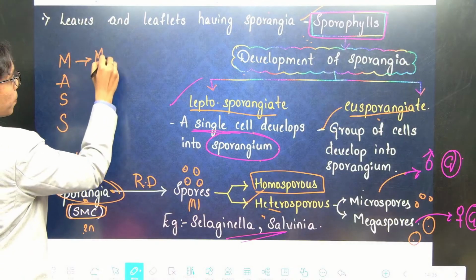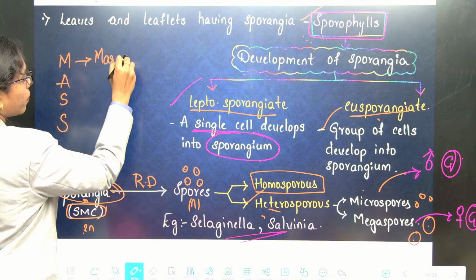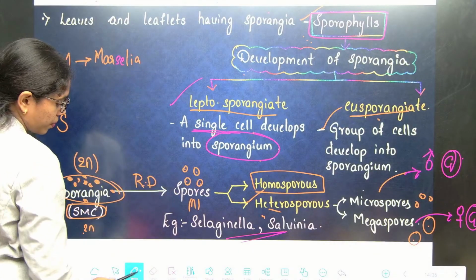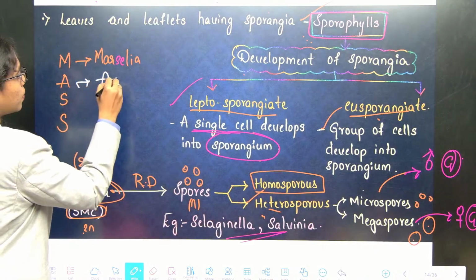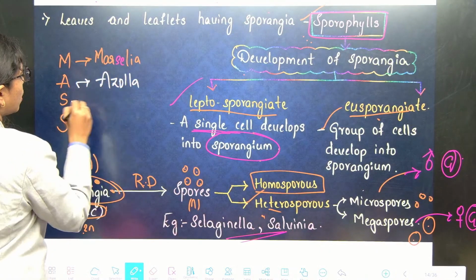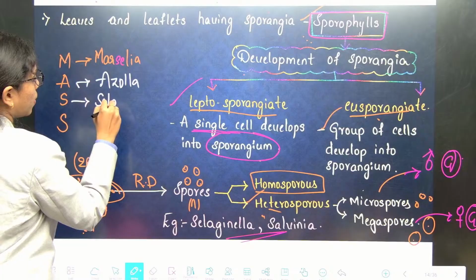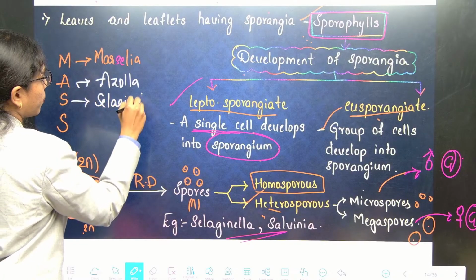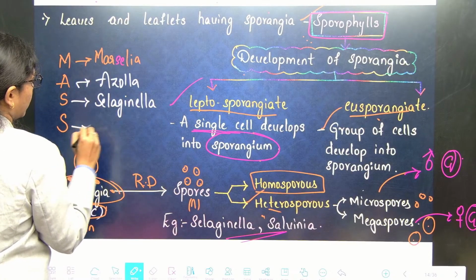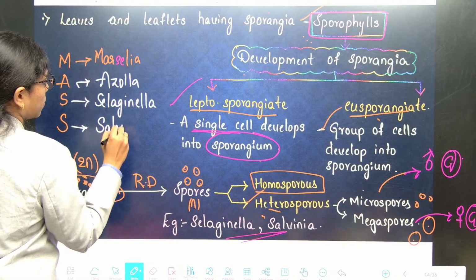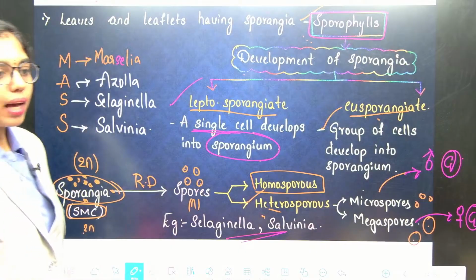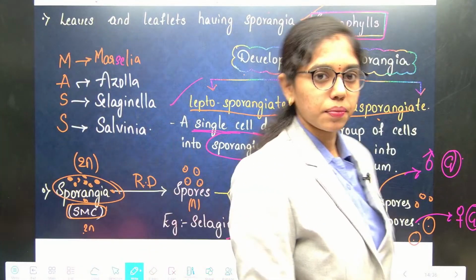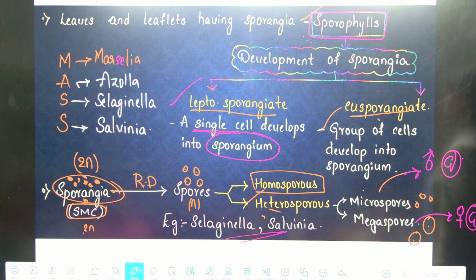Marsilea, Azolla, Selaginella, Salvinia. Marsilea, Azolla, Selaginella, Salvinia. Clear, no?